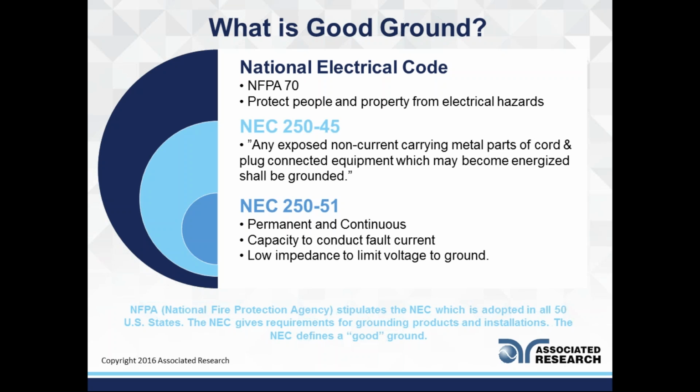The more current it can carry, and the less chance of it finding a different path, most likely the user or the operator. The NFPA, National Fire Protection Association, stipulates the NEC, which is adopted in all 50 U.S. states. The NEC gives requirements for grounding products and installations, and the NEC also defines a good ground, as we just explained.